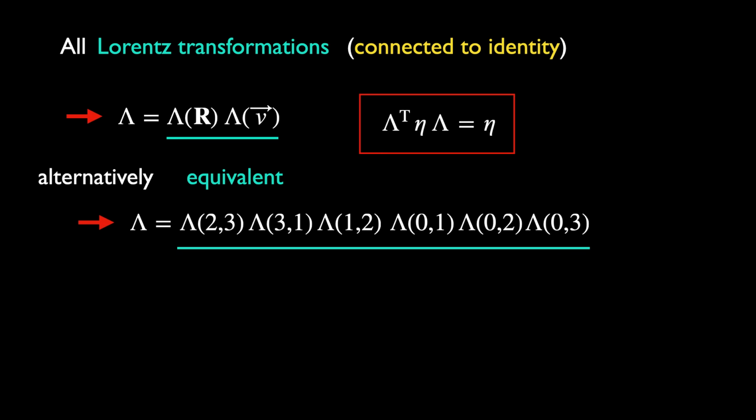To prove that we really have a complete solution of Lorentz transformations in terms of boosts and rotations, the most rigorous way to do this is by dealing with the Lorentz group. This deserves its own video in the future.